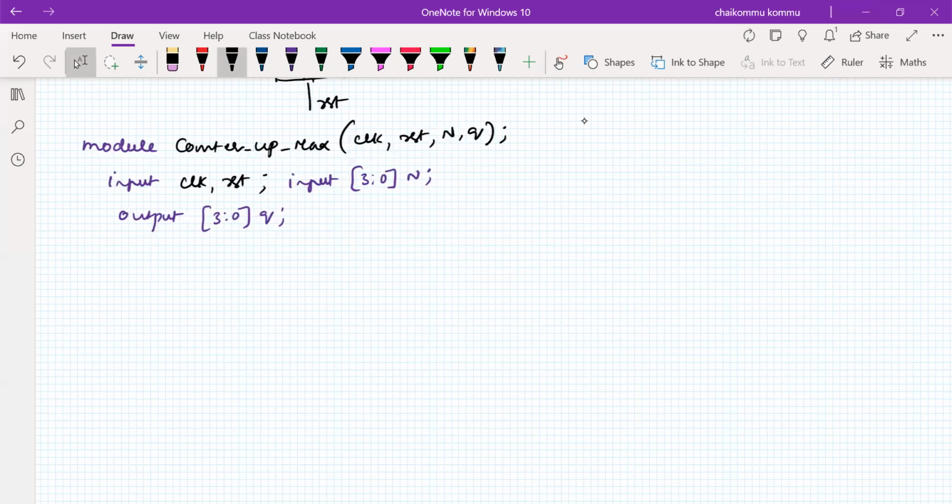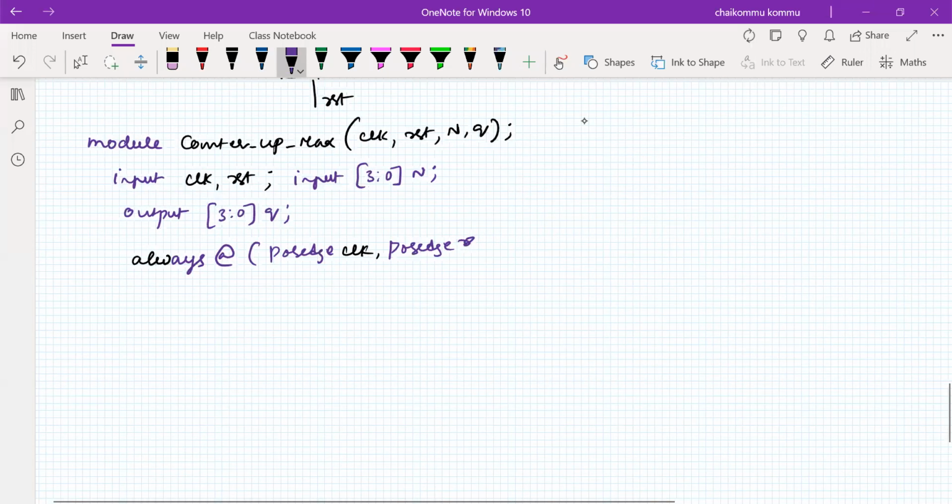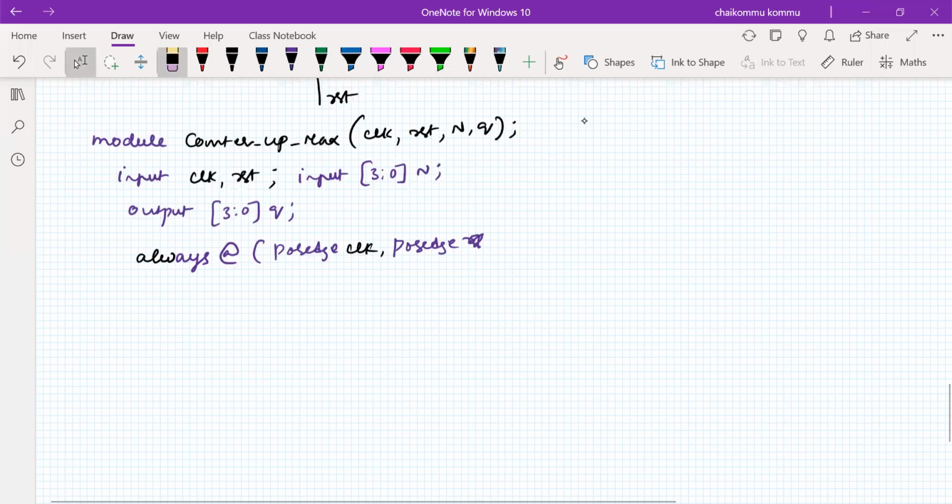Always at positive edge of the clock, comma, positive edge of reset, let us begin here.